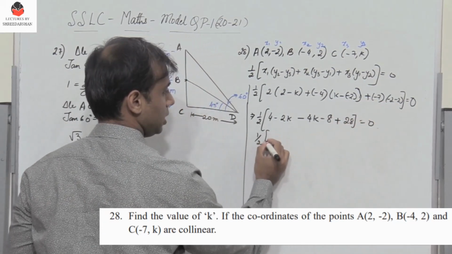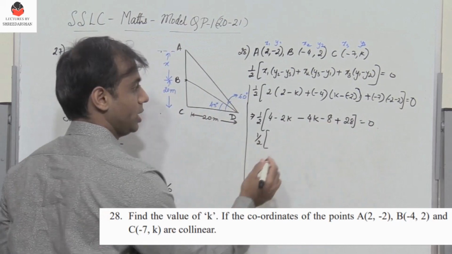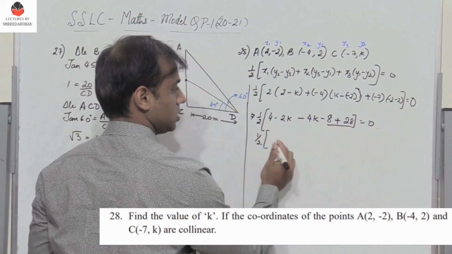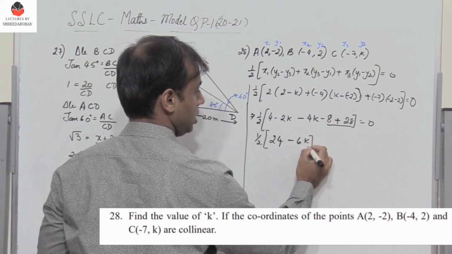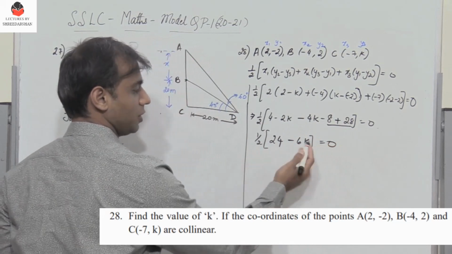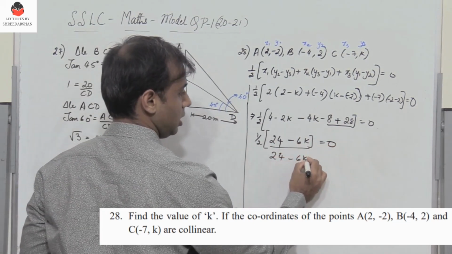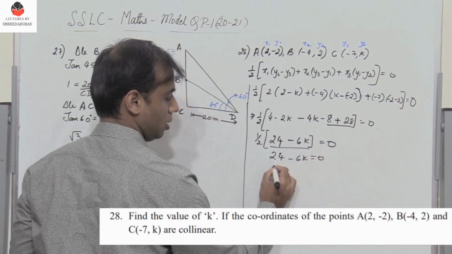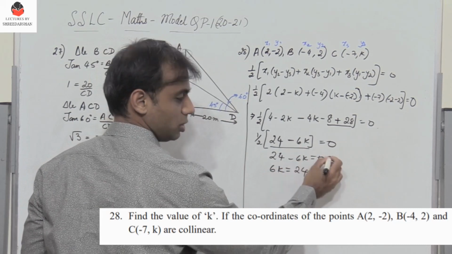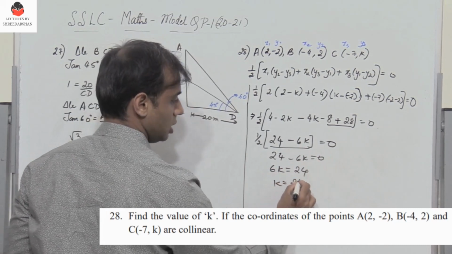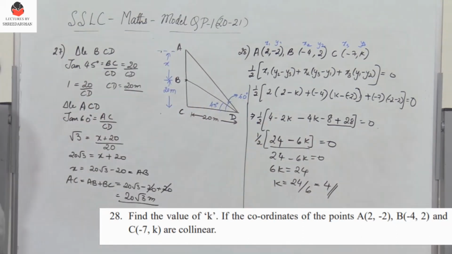So I have half into 28 minus 8 is 20 plus 4 is 24, and here I have minus 6k equal to 0. So half cannot be equal to 0, therefore 24 minus 6k equals 0, or 6k equals 24 by taking this to the other side, or k equals 24 by 6, or k is equal to 4.